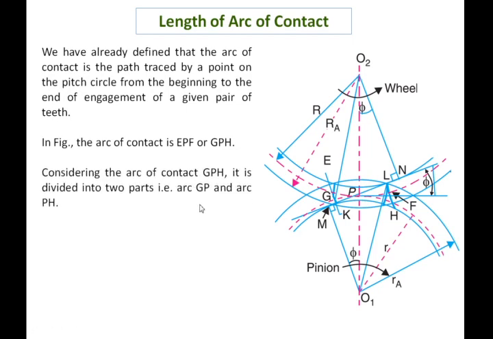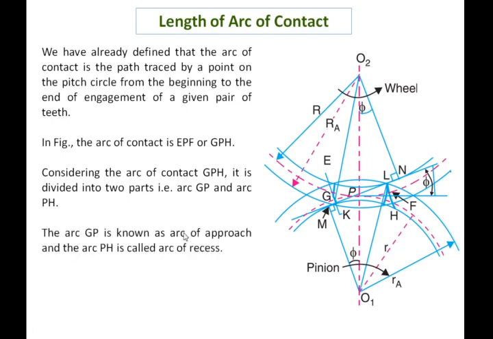And if we divide this arc GPH, we have two parts, arc GP and arc PH. So that will give us the total arc of contact. Here the arc GP is known as arc of approach and the arc PH is called arc of recess.